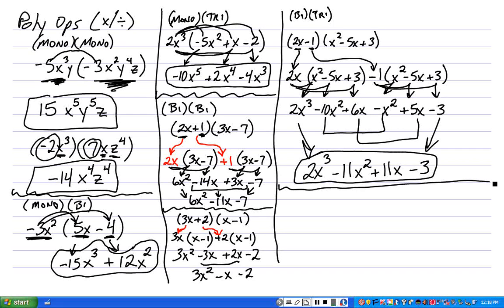Okay. We can look at another one real quick. Let's say 2x squared minus x plus 1 times 3x plus 4. So now we have a trinomial times a binomial. Again, we take the first one, break it up into its individual terms, and multiply each term by whatever polynomial is next.